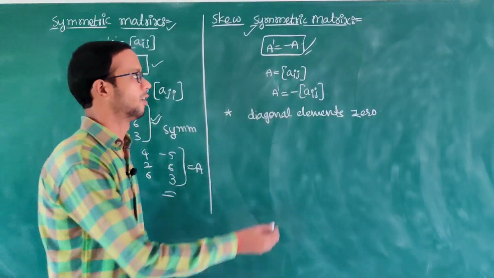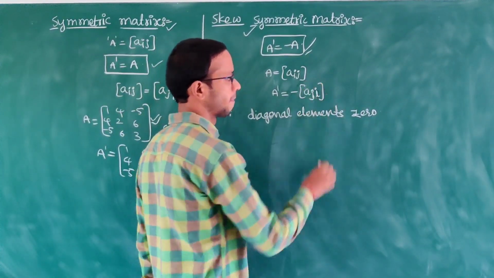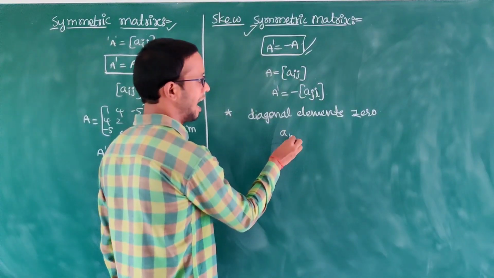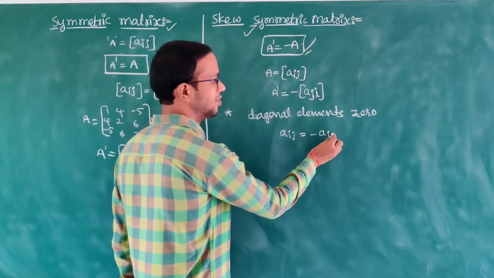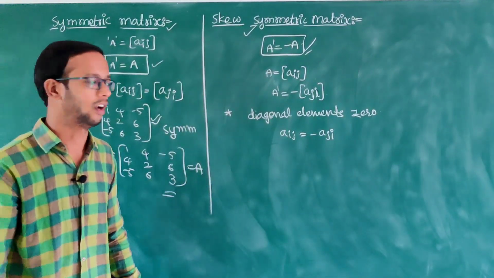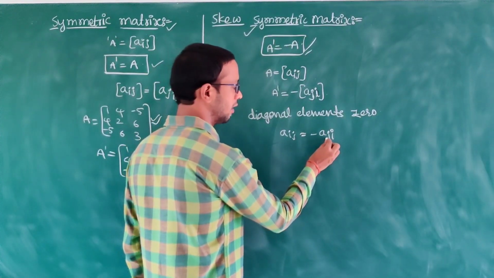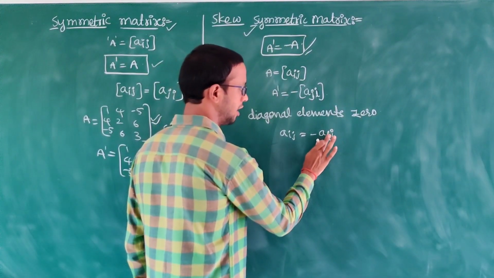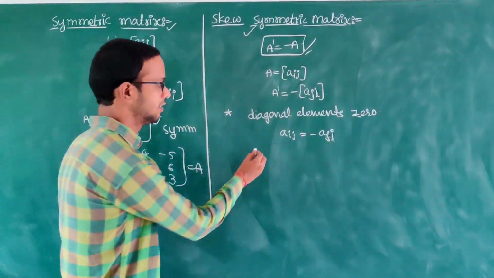So how will you get that? You can see this. Aij is equal to -Aji. After changing rows and columns, the sign is negative. Now take i equal to j.